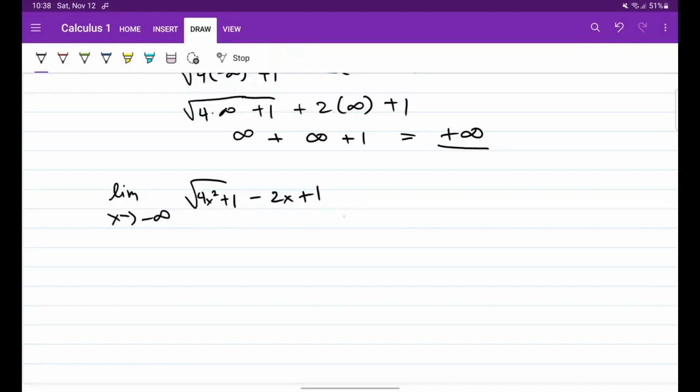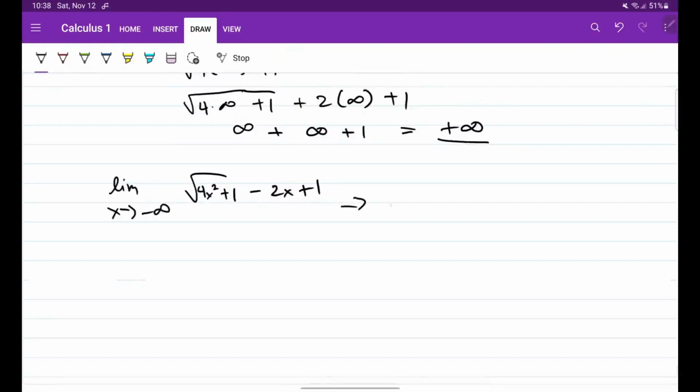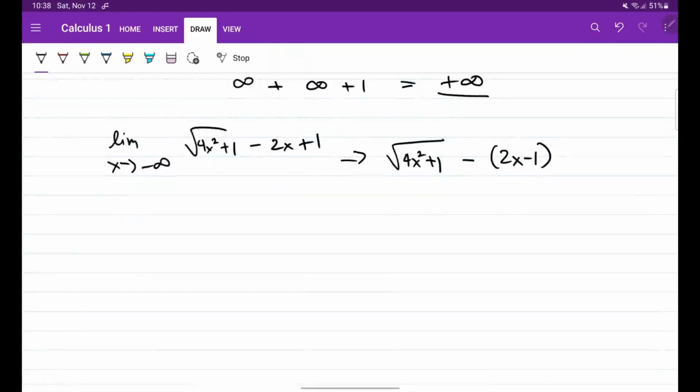So let's multiply by the conjugate. To do that, let's make this into the form square root of a plus b. So we can rewrite this as square root of 4x squared plus 1 minus 2x minus 1. Right?